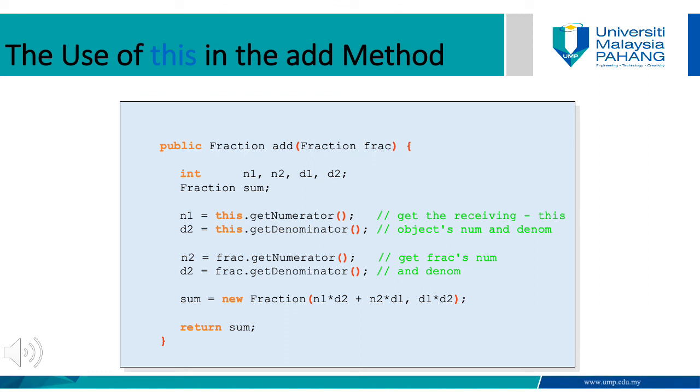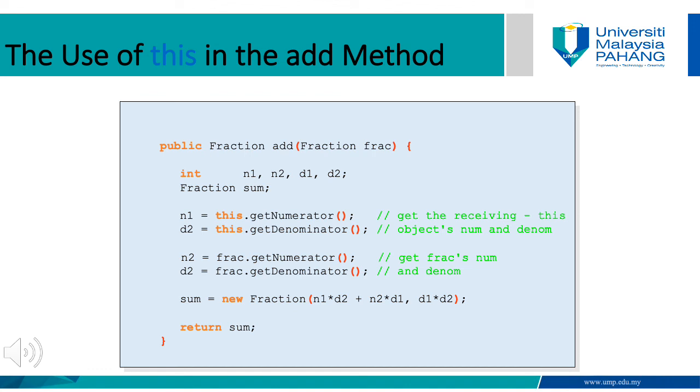Like here, n1 equals this.getNumerator, d2 equals this.getDenominator. That means the n1 value will get the numerator value and d2 will get the denominator value.